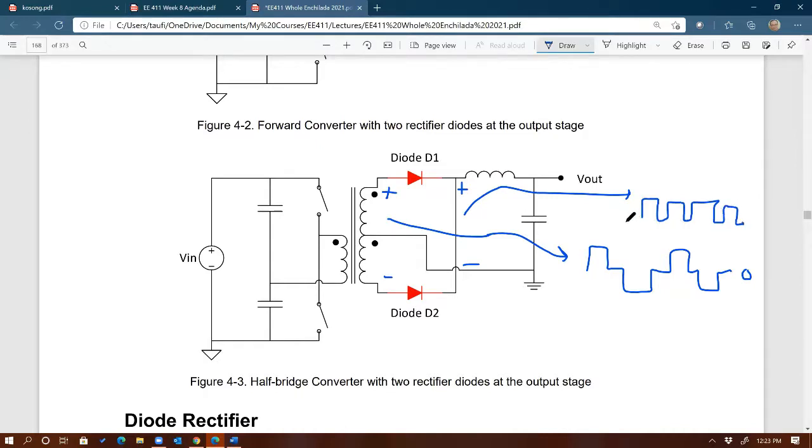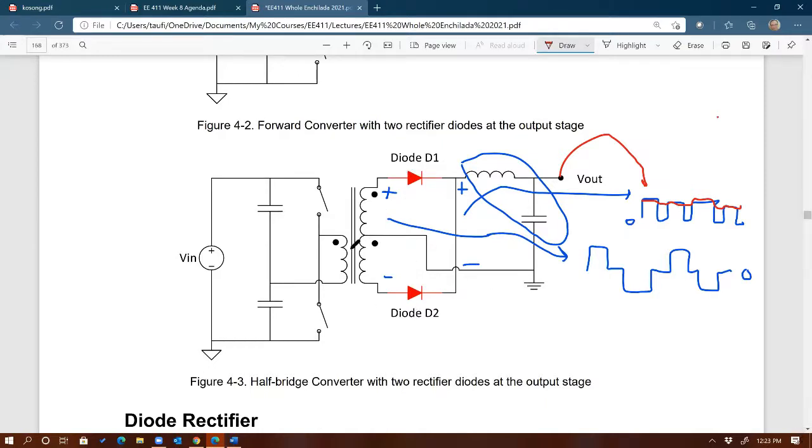Then we introduce the LC filter, which makes it more DC, so that after the filter on the output it looks more like DC, like that. That's the process for these kinds of converters. Same thing with a full-bridge, push-pull, flyback, forward. The point here is I want to show you the critical role that these diodes have for the converter.